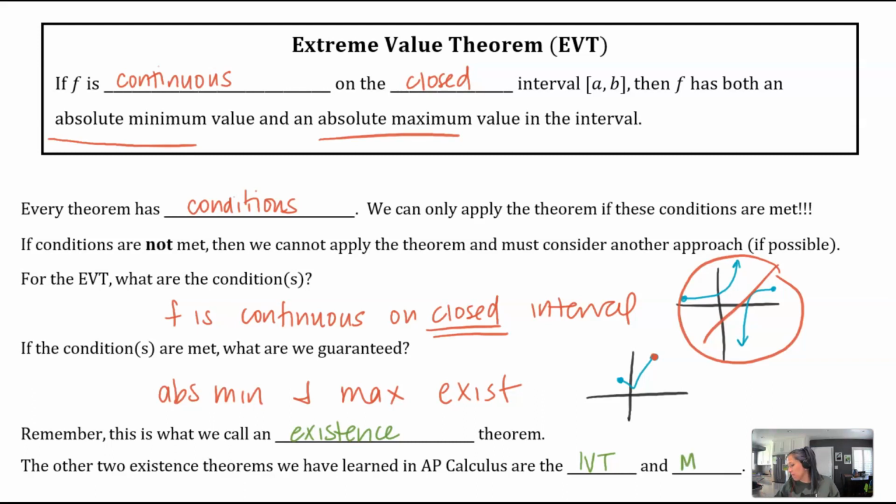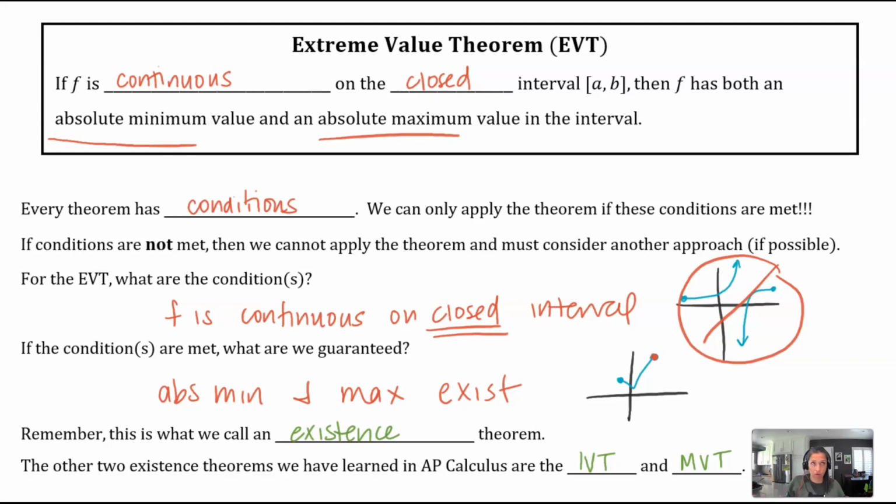And our mean value theorem had two conditions: if we had a smooth and continuous, or differentiable, curve, then at some point on an interval, the tangent line slope would match the slope of the secant line for that particular interval. So they were giving us, yes, there exists some c on the interval where such and such is true.